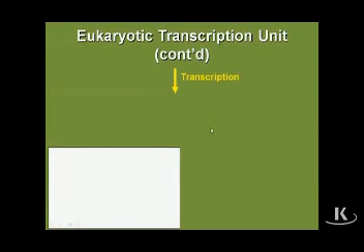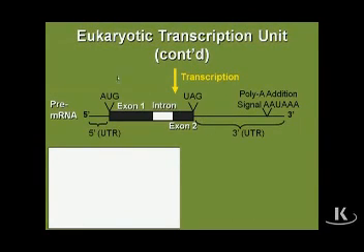So to continue this for transcription, once we make a mature messenger RNA molecule, we're going to have, remember, it going from its 5 prime to its 3 prime end. There will be a 5 prime untranslated region, a 3 prime untranslated region, and in between will be some exon-intron sequences.